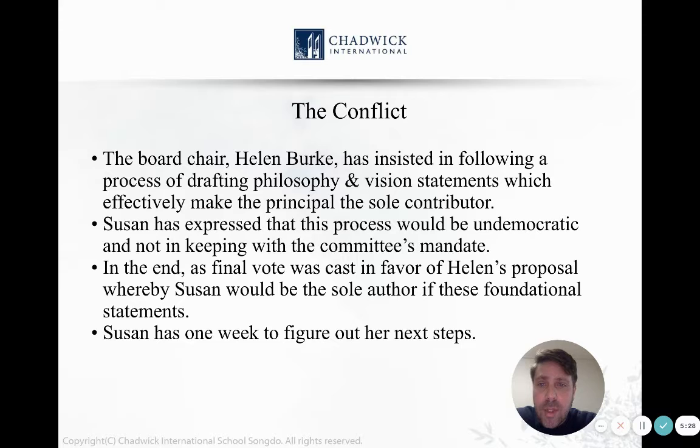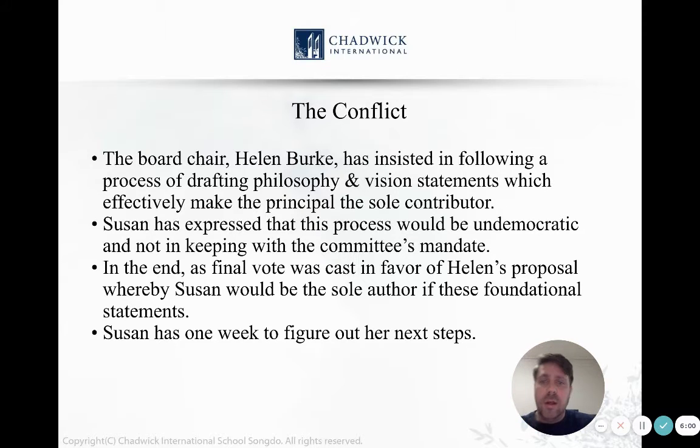So Susan has expressed that this process would be undemocratic and not in keeping with the committee's mandate, which is kind of a paradox because the committee actually voted to dissolve their power in crafting these really important foundational statements.